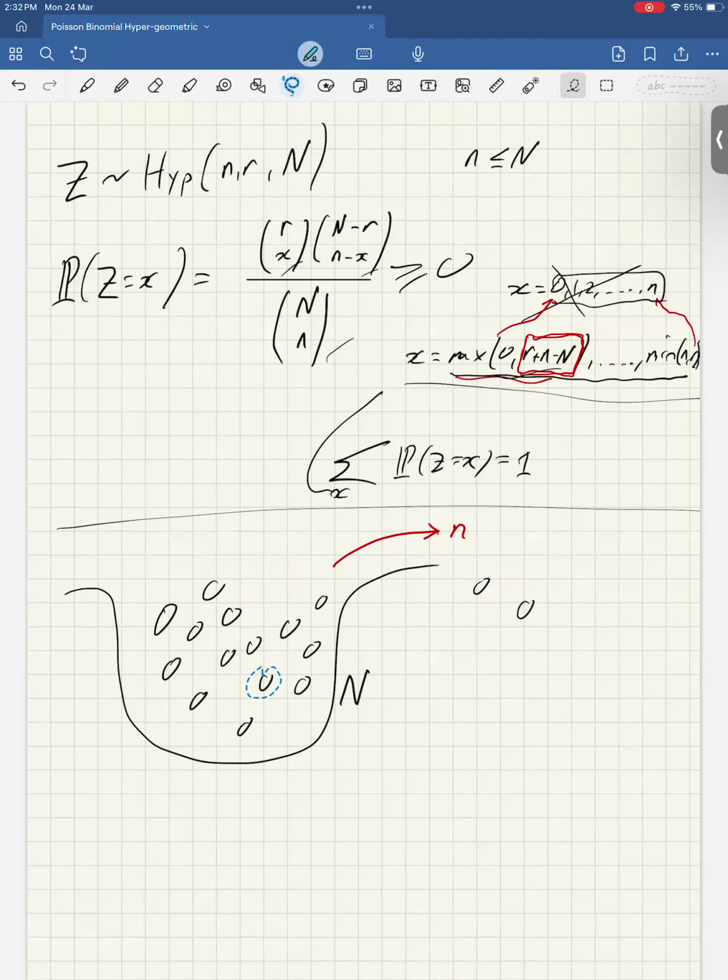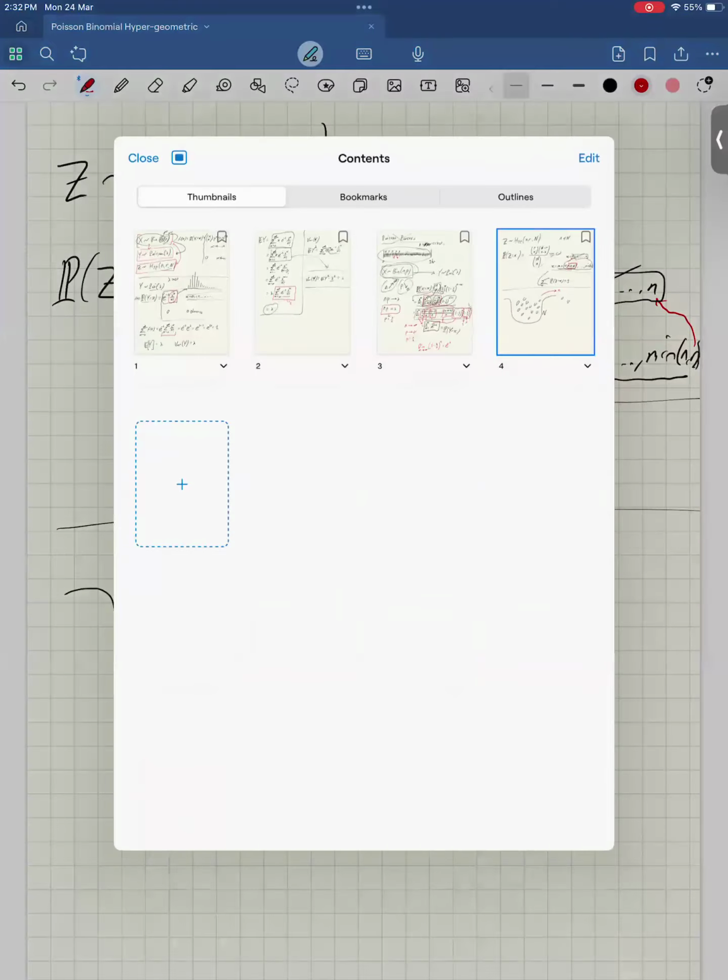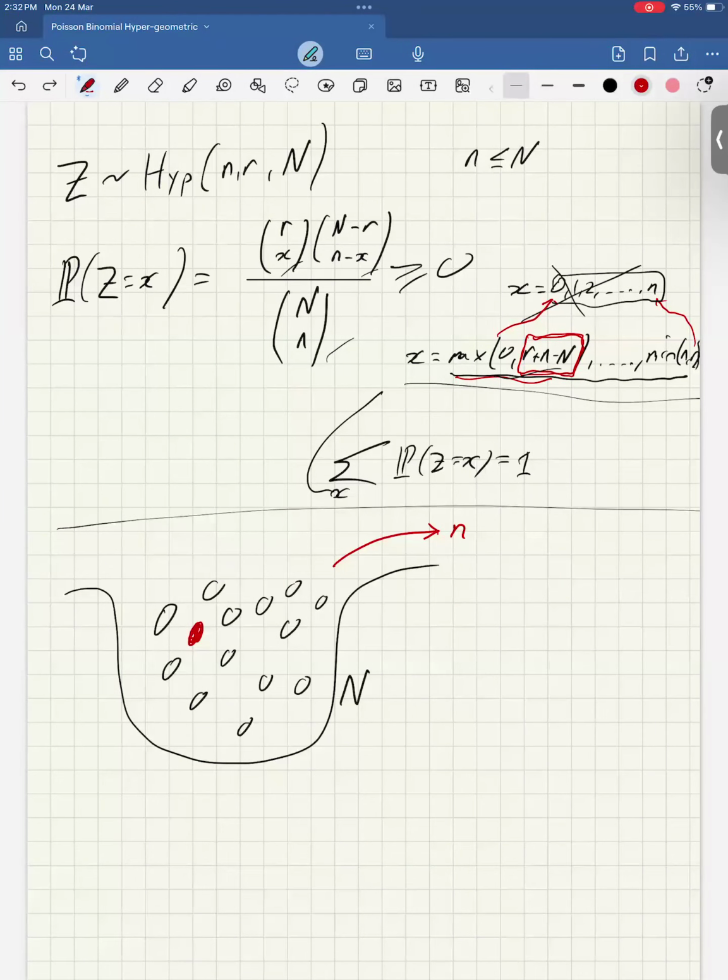And the items you pull, let's say each item has the same probability of being pulled. Now, the thing is that R of these items are, call them special or good. So R of them you can paint in kind of red.